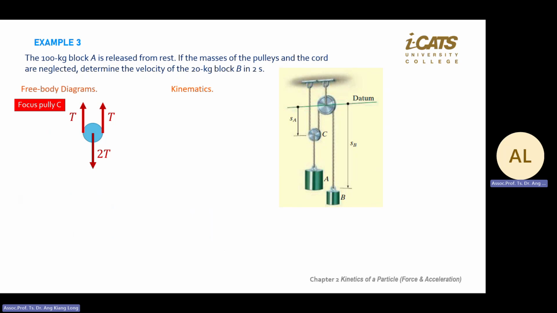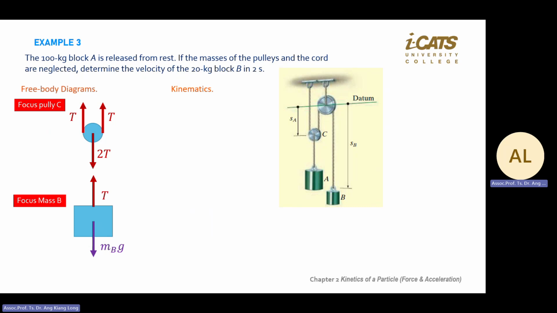Okay, so we continue. Mass B. I should put away the C already. Okay, mass B, where is the tension? There's one tension cable, right? If you're B, you feel something pulling you up, right? So the tension is this one. What is this? 2T or T? T, yeah.